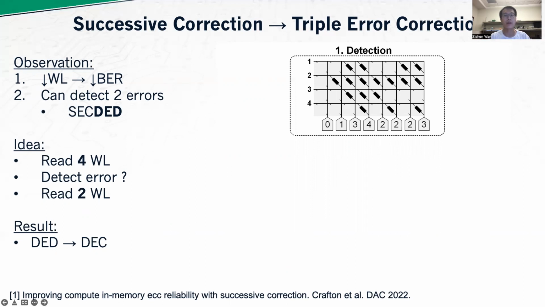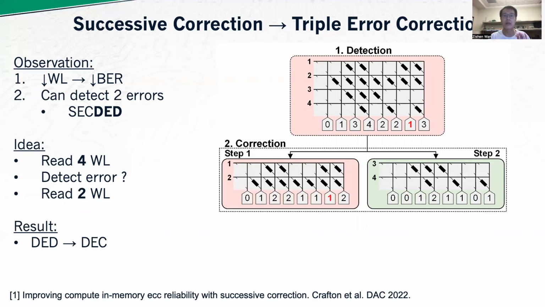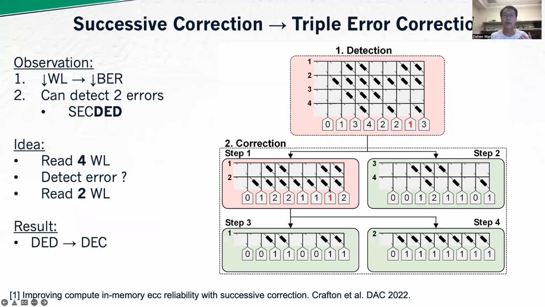Here's an example on the right side. What if we read 4 word lines and check for error, and if we find an error, we break down the 4 word lines into 2 sets of 2 word lines. And if we get another error, we break down the 2 word lines into 2 sets of 1 word line. This allows us to get double error correction.